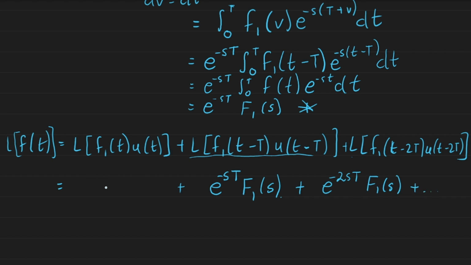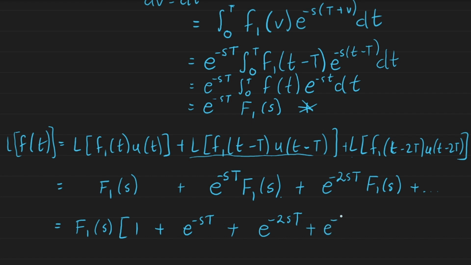And we would also have the same thing with the first term, except that the first term will just be F1(s), because there's no t minus T. Basically, capital T is equal to 0 in this first term. So what we can do is take out F1(s) as the common factor. Let's do that. So we have F1(s) into 1 plus e to the minus sT plus e to the minus 2sT plus e to the minus 3sT, and so on.